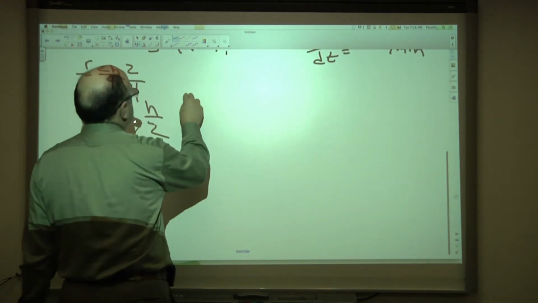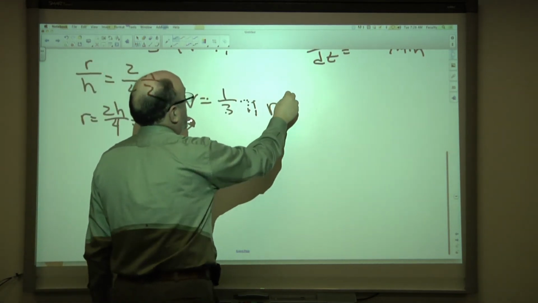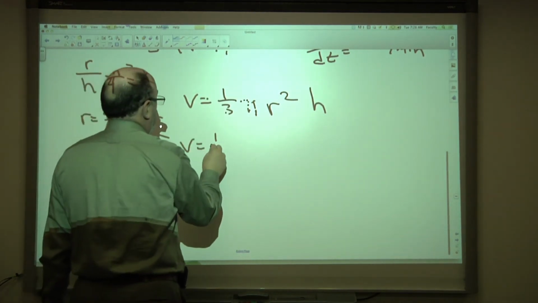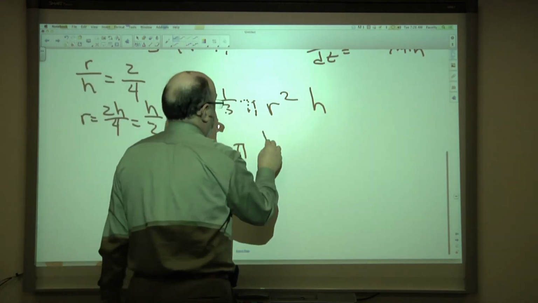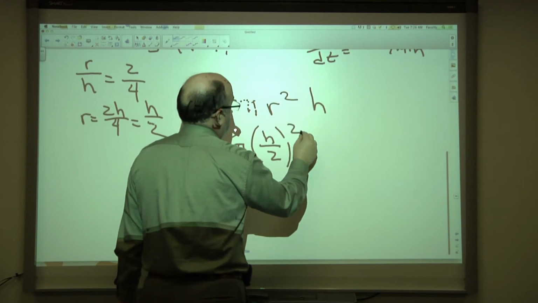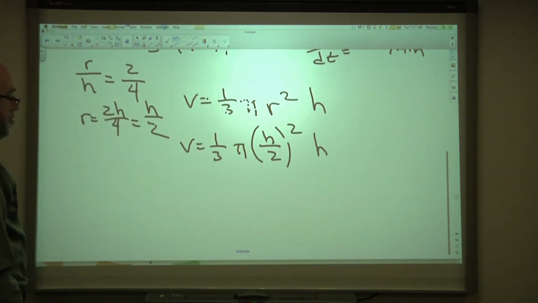So we have V equals 1/3 pi r squared h. So V is going to equal 1/3 pi (h over 2) squared times h.